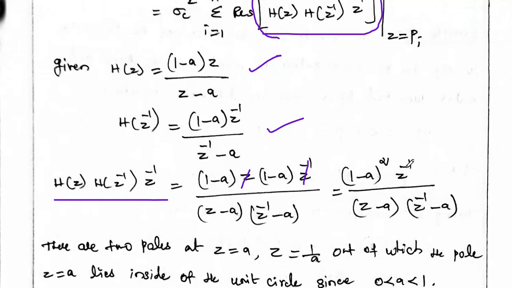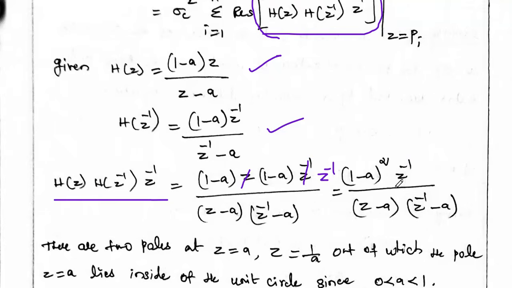Here, this is H of z inverse into z inverse, and I missed writing one z inverse. So this z and this z inverse cancel, and finally you get 1 minus a the whole square into z inverse divided by z minus a into z inverse minus a. So the total product is calculated.